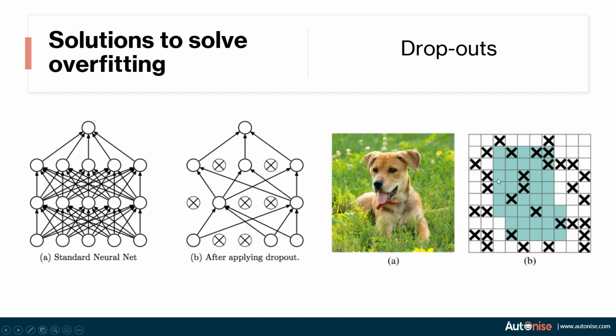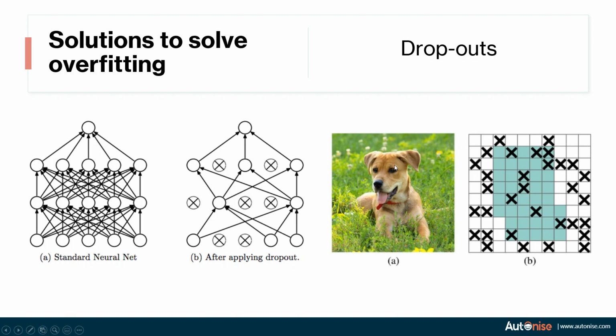So this green portion is where the dog actually is in the image. We randomly mask out some of the output of the neural network so that sometimes the ear information is lost. So the model still has to predict the output correctly.